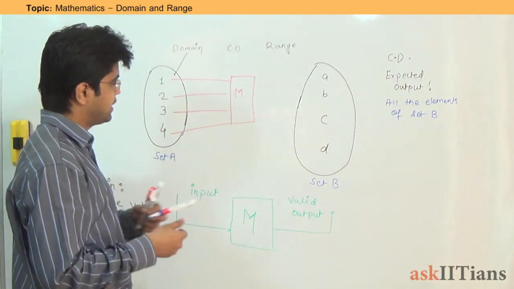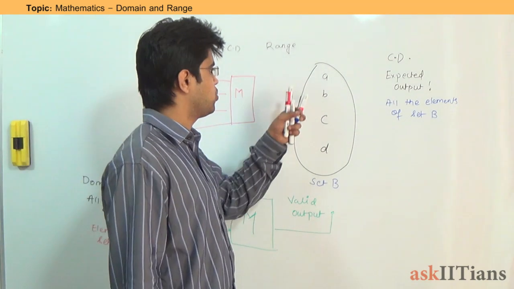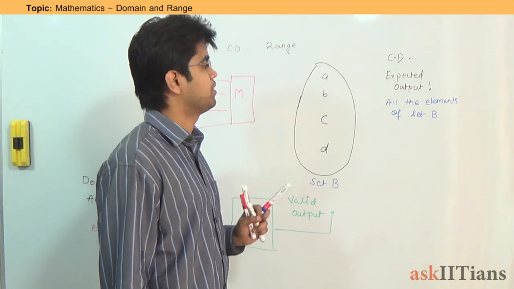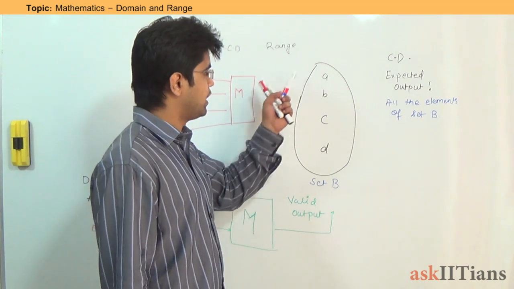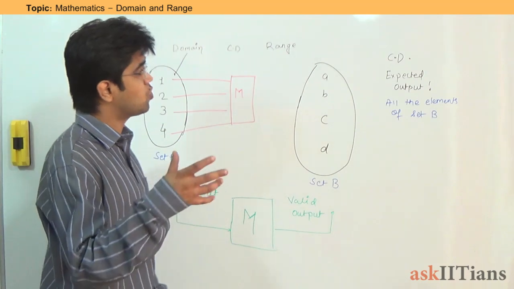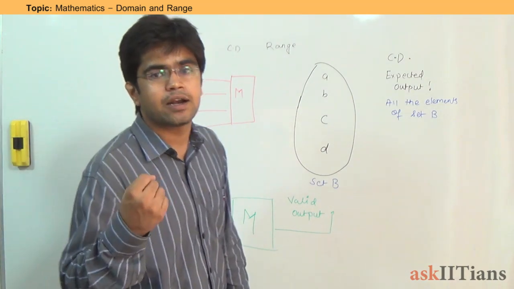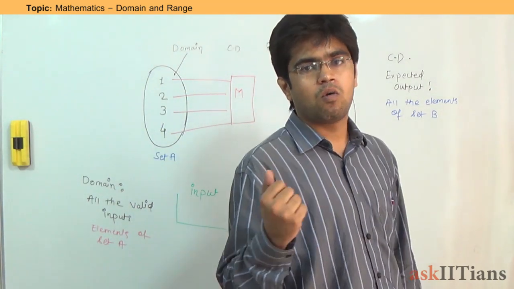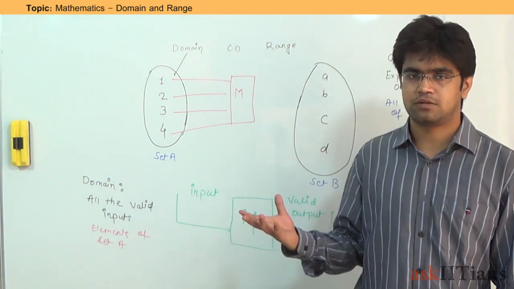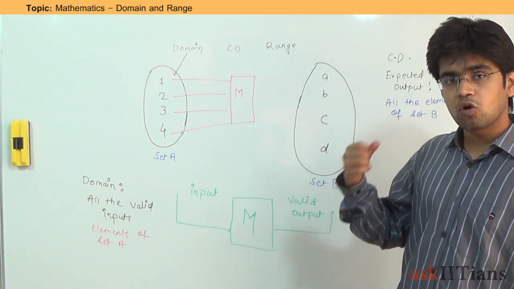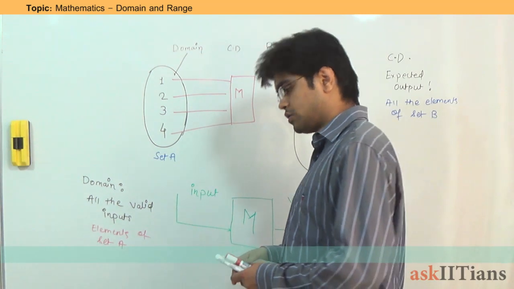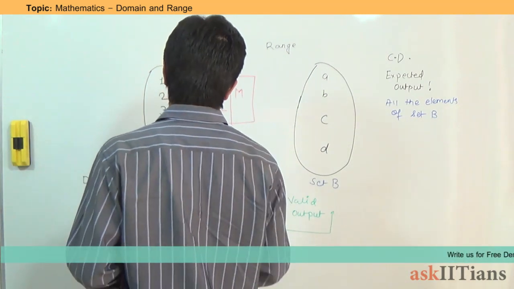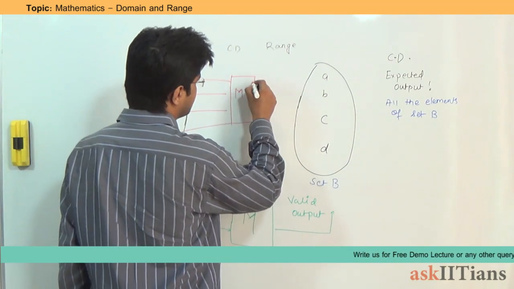Till the time I know the mapping, I cannot say that this is mapping and this is not. So codomain is the expected output. What is the output that you are expecting? That is the codomain. Now suppose that we proceed with our mapping, and if our mapping is like this.